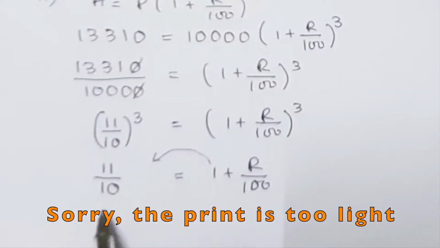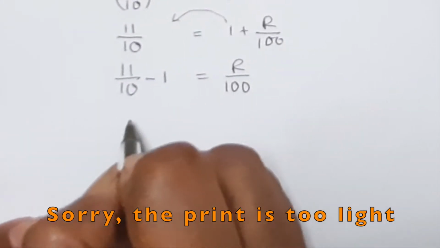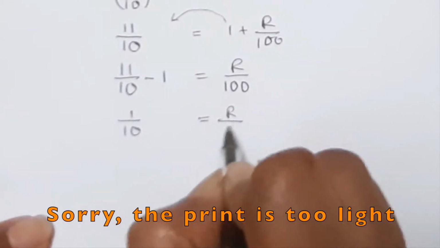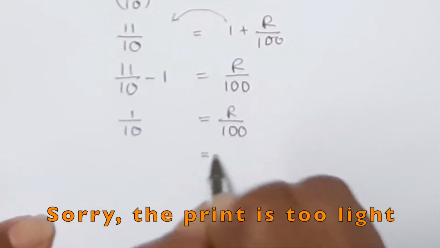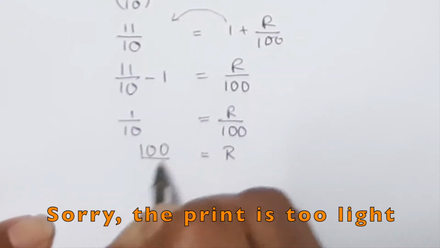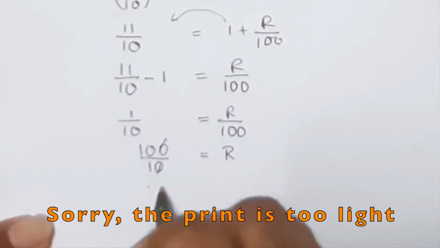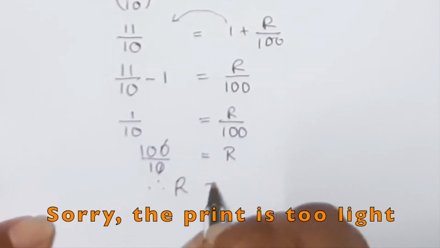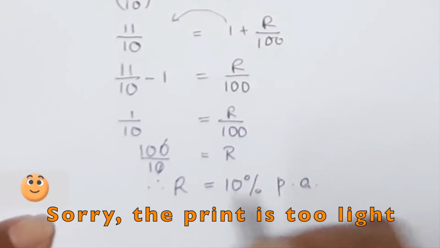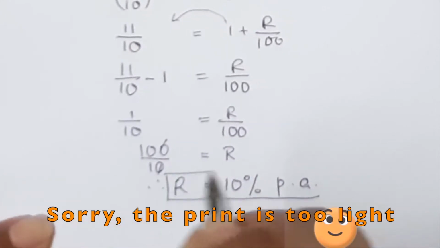So it becomes 11 upon 10 minus 1 equal to R upon 100. And so we get 1 upon 10 equal to R upon 100. So your R is going to be 100 comes this side. And therefore your rate is equal to 10% per annum, and that is our answer 2.